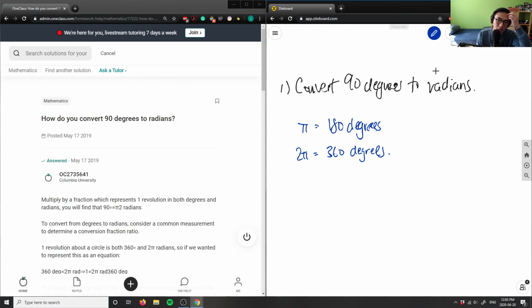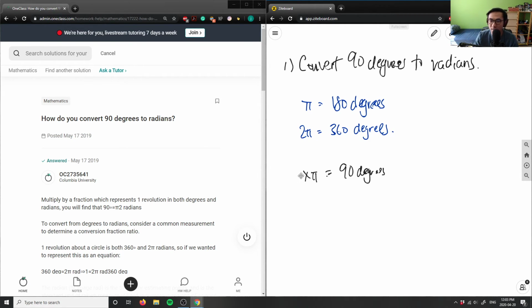So if I were to convert 90 degrees into radians, what number belongs here? I'll call it x. What is x here?